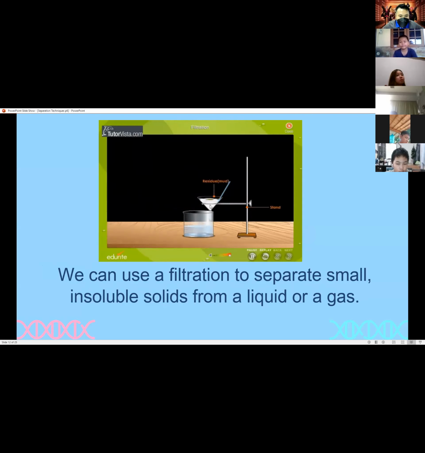So we put the funnel here, we put the filter paper inside, and then we pour the water here. When we pour the water, the clear water will go at the bottom, will go here. And then the mud, the sand, the soil will stay here. Understand?